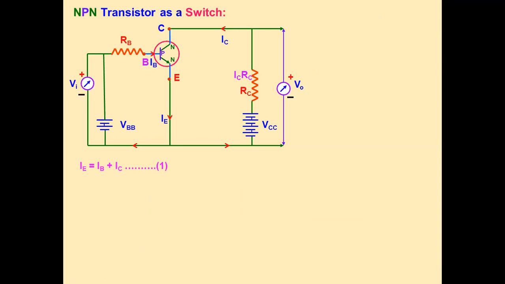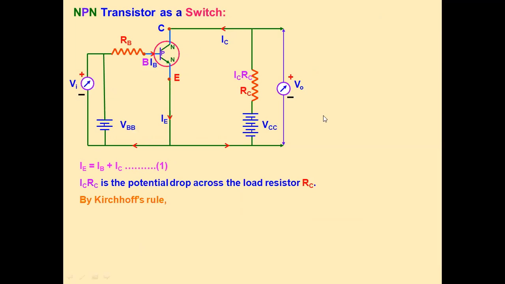Another application of transistor is known as transistor as a switch. In the transistor as a switch, again this NPN transistor is connected in forward and reverse biasing, and this is the input voltage and this is the output voltage. So there are two cases.